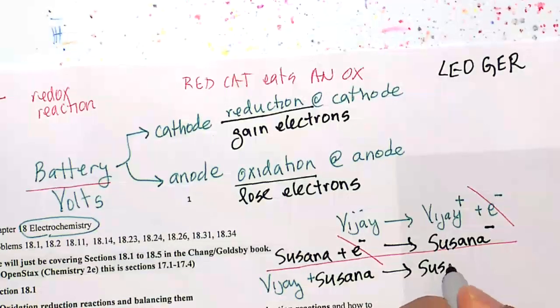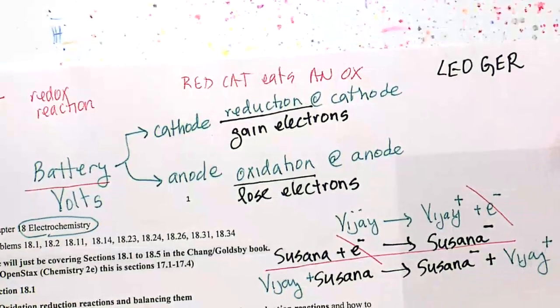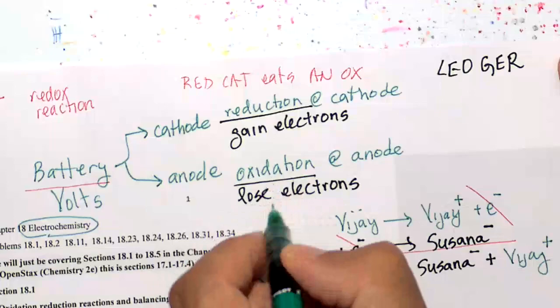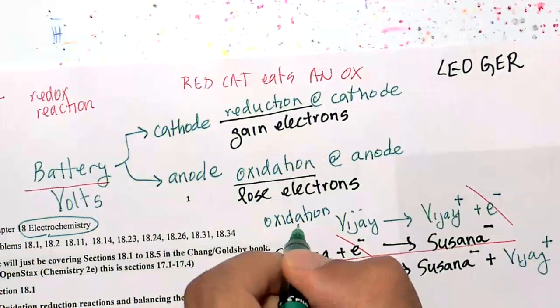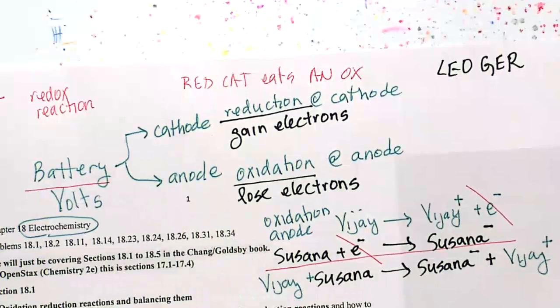She gains an electron. This is a 1 electron transfer reaction. And I lost that electron, I become positive. So I lost an electron. Do I become oxidized or reduced? Where does oxidation happen, in the anode or the cathode? If we were a battery, I would be an anode because I get oxidized. What would Susanna be?